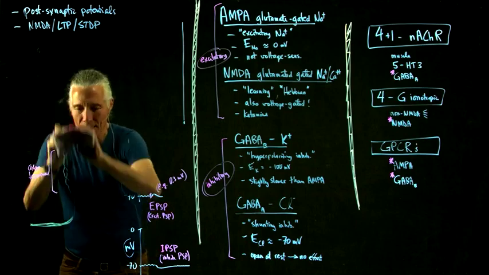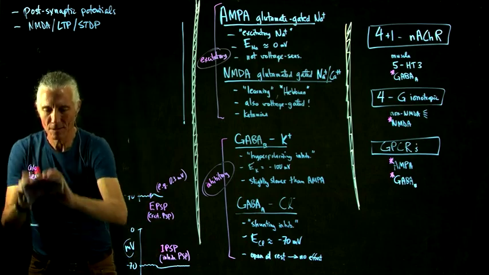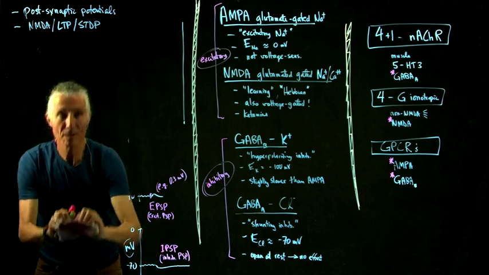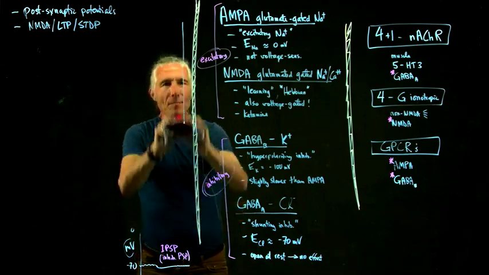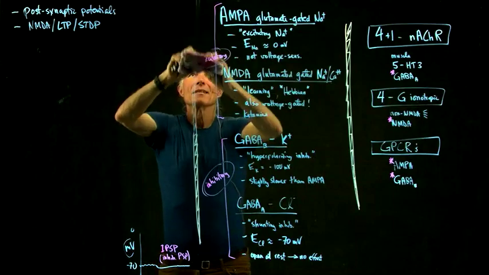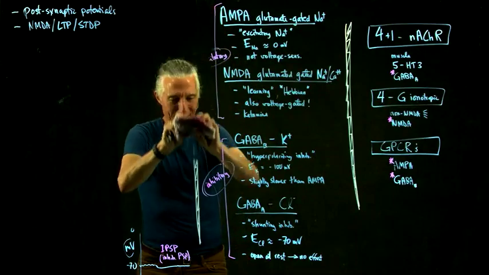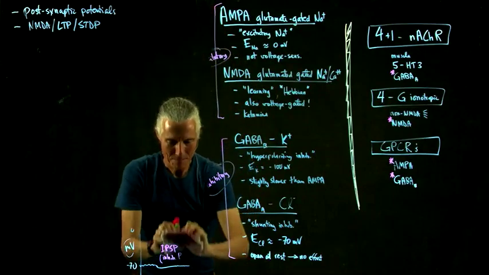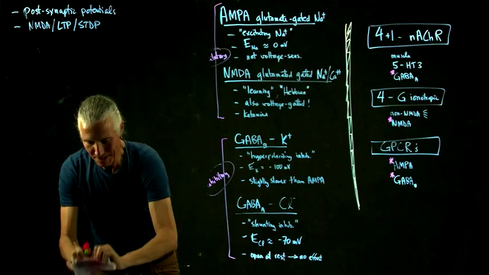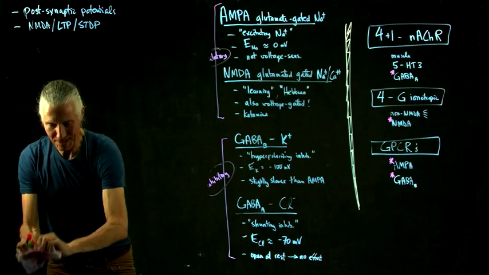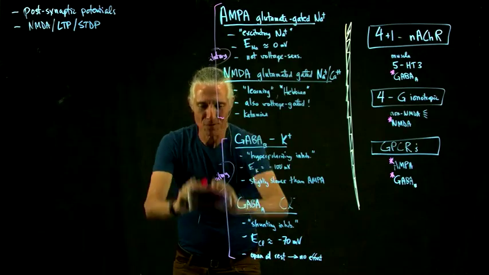And the initial investigations into this were done using brain slices. And so brain slices, why would you want to slice the brain? One of the big things about a brain slice is it doesn't move.